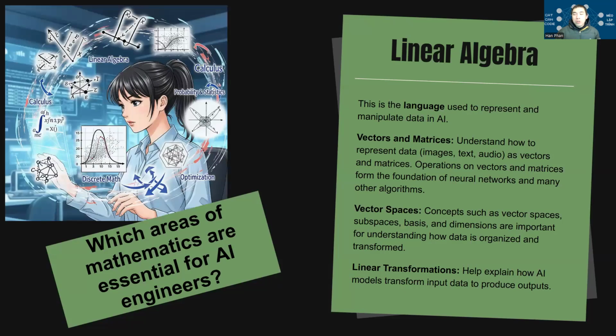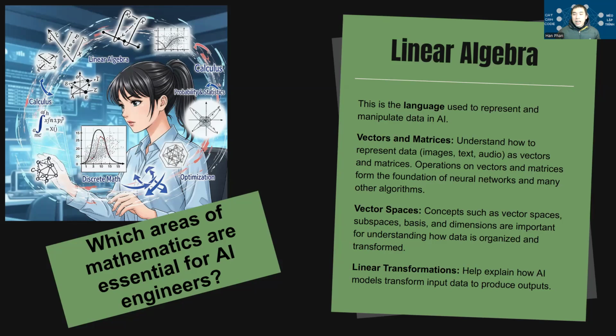I'm going to go through all the types of mathematics that are required and essential for an AI engineer. First is linear algebra. This is the language used to represent and manipulate data in AI. For example, like I mentioned before, vectors and matrices.